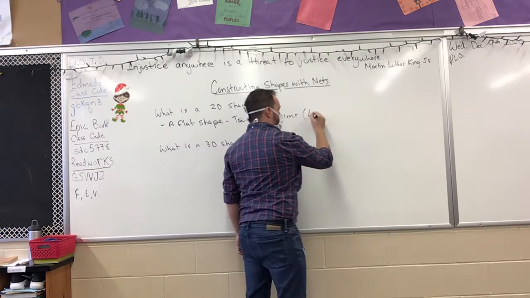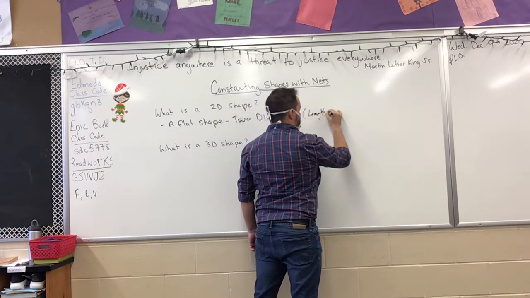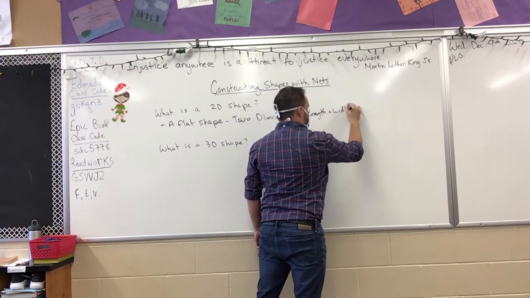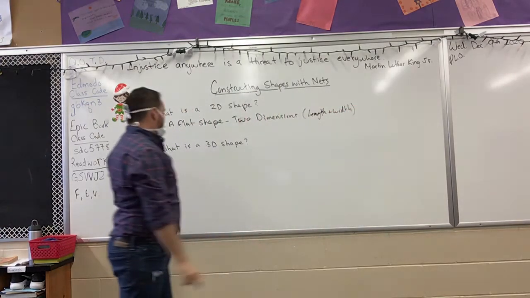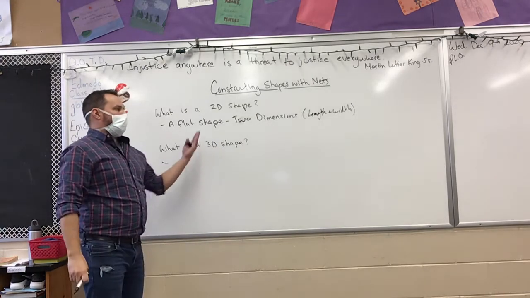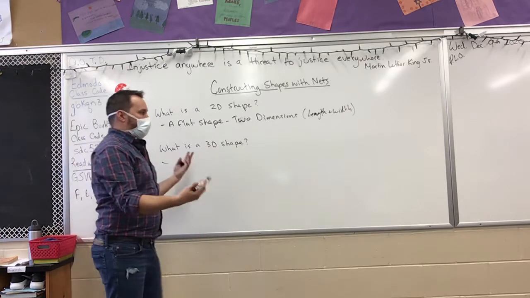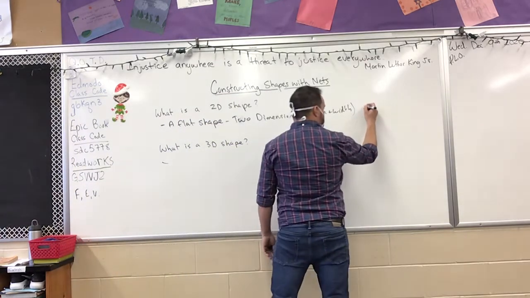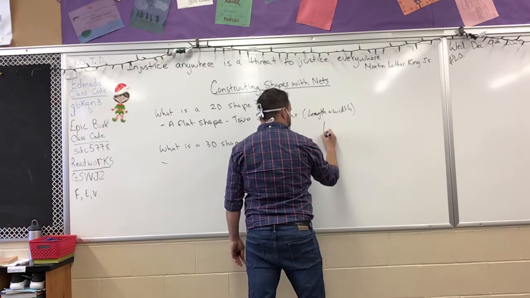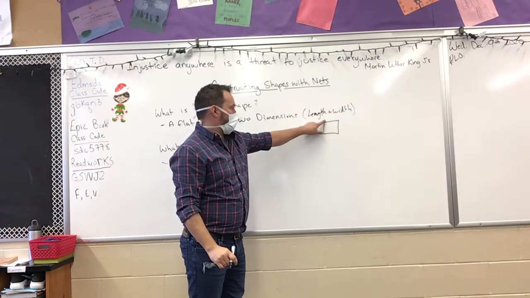Usually we talk about the length and width. Perfect, right? A flat shape is a 2-dimensional shape. It's flat, easy, we can see it. Something like, we draw it out, an example of a 2D shape looks like that, right?